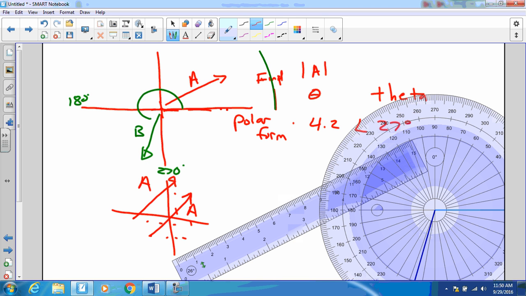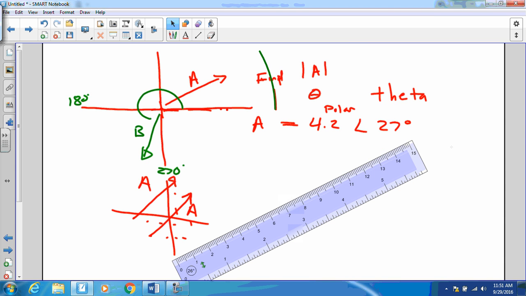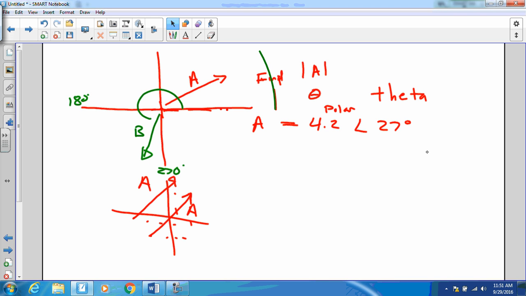Now I'm going to come back and ask, what is this in rectangular form? What are its x and y components? So use a ruler to estimate the x and y components of your vector. No computation here, just measure.